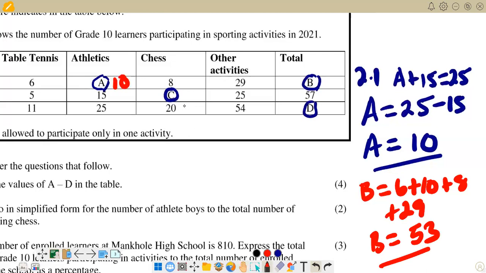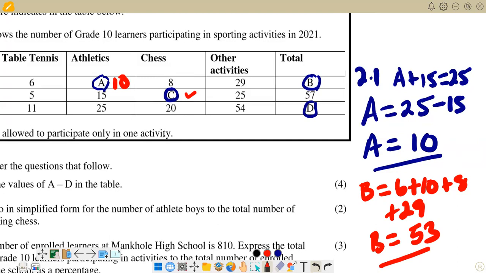Then we go to our C. C now is also simple to find, because we have got 8 and we have got the total at the bottom, 20. So if you say 8 plus C, you get our 20.